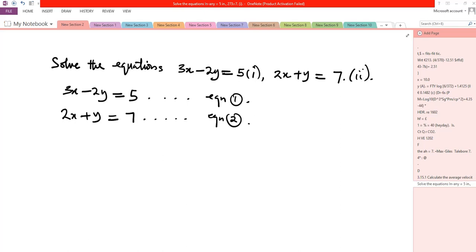If one of the coefficients of the variables is 1 or minus 1, like this one, the coefficient of y here is 1, then you use substitution method. So we'll be solving this by substitution method.